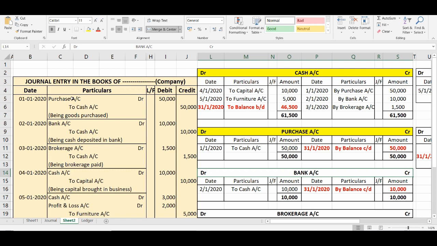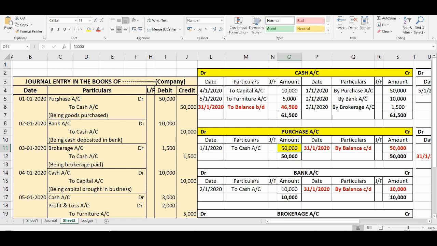Okay, so let's start with the first one. So now if I'm talking about purchase account, in my purchase account on the debit side, I should have 50,000 as the amount as per my journal entry, right? Then always remember the opposite account will be the account that it will be registered with.